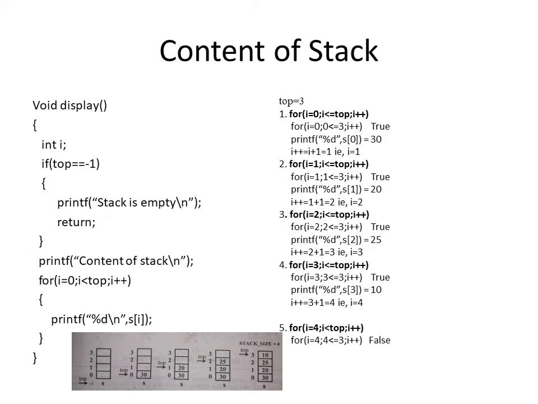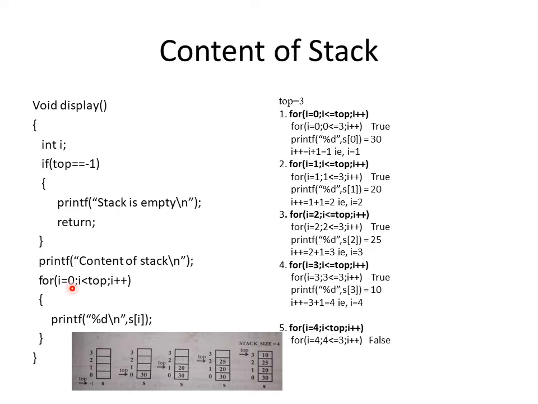If the condition is false, it will move on. If it is true, it prints stack is empty. If top is not -1, that means top may be 3, with stack size 4. Then the condition is false and it comes here and prints the content of the stack.